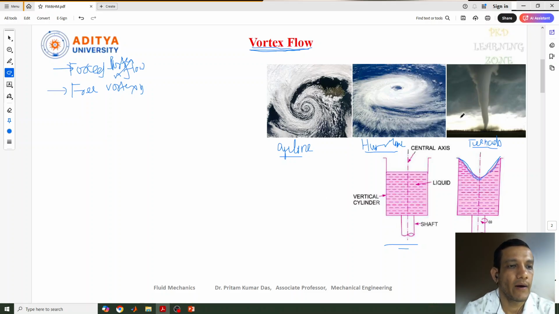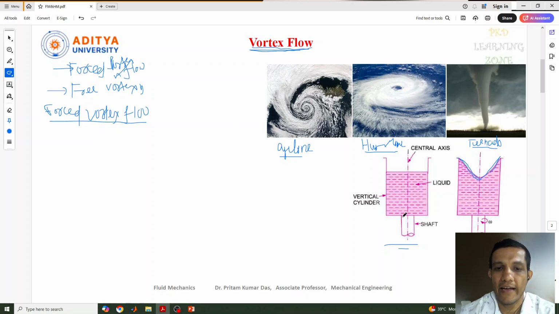Let's discuss both terms one by one. First, let's discuss forced vortex flow. This is the type of vortex flow in which some external torque is required to rotate the mass of fluid.